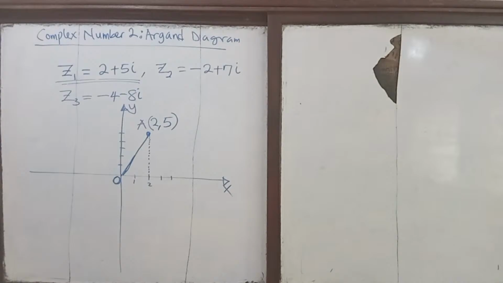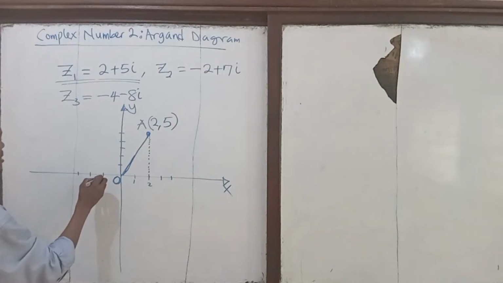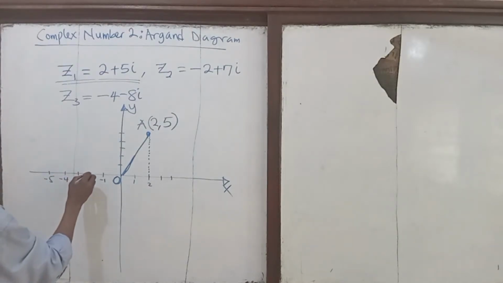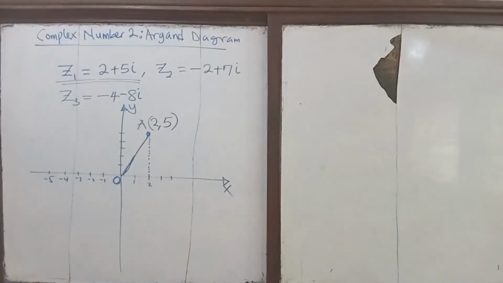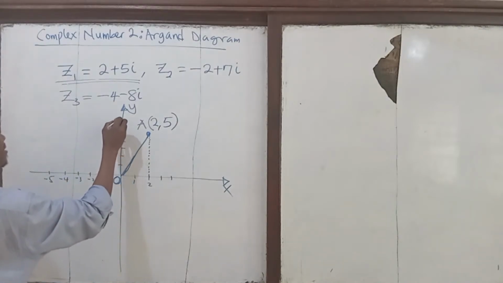Then another one, z2, we have minus 2. Minus 1, minus 2, minus 3, minus 4, minus 5. So you indicate this is minus 2 when x is minus 2. You have 7 on the y: 1, 2, 3, 4, 5, 6, 7.